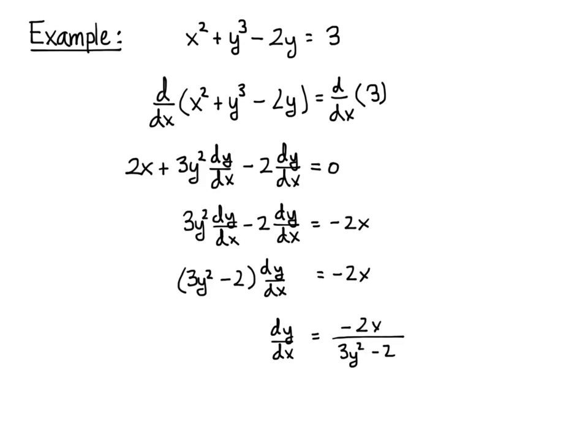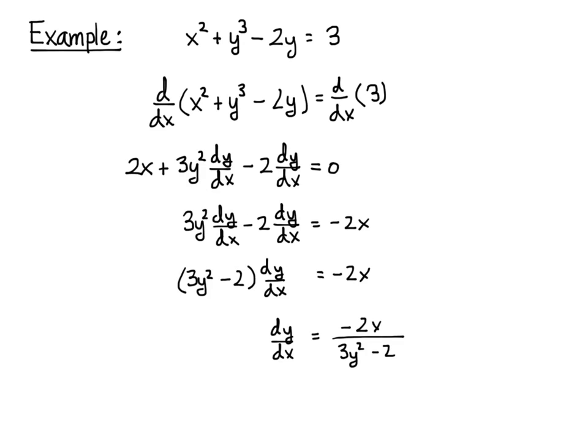Okay? Everybody following? Yes? This is maybe a double question, but why does the d over dx stay with the 3y squared and negative 2 but not the 2x? Well, let's use the chain rule blindly, okay?